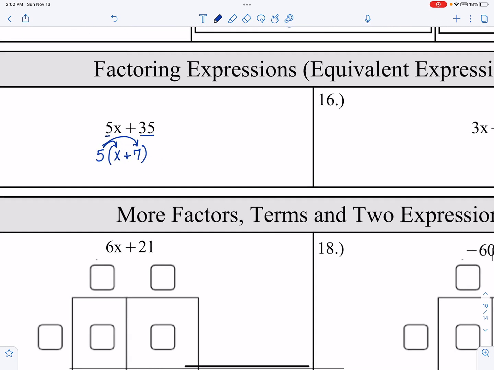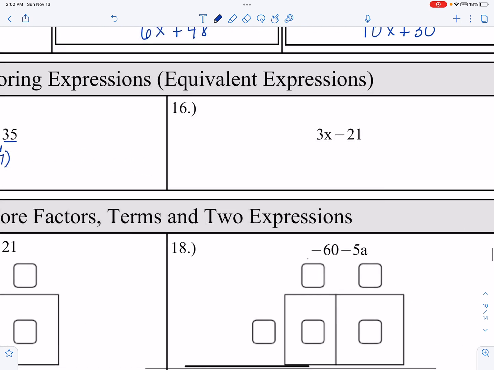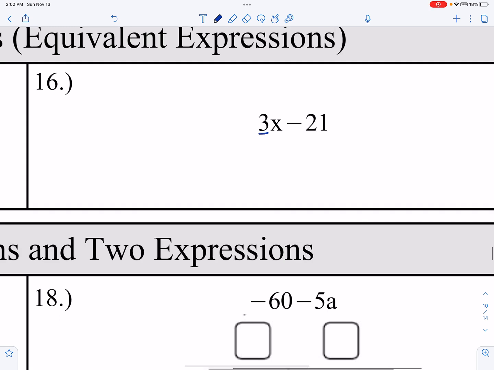Let's look at number 16. I'm first seeing if I can factor out the 3 from both numbers. I can KFC that too, if that helps, but you don't really have to. I'll do it without it. So I'm going to factor out the 3.